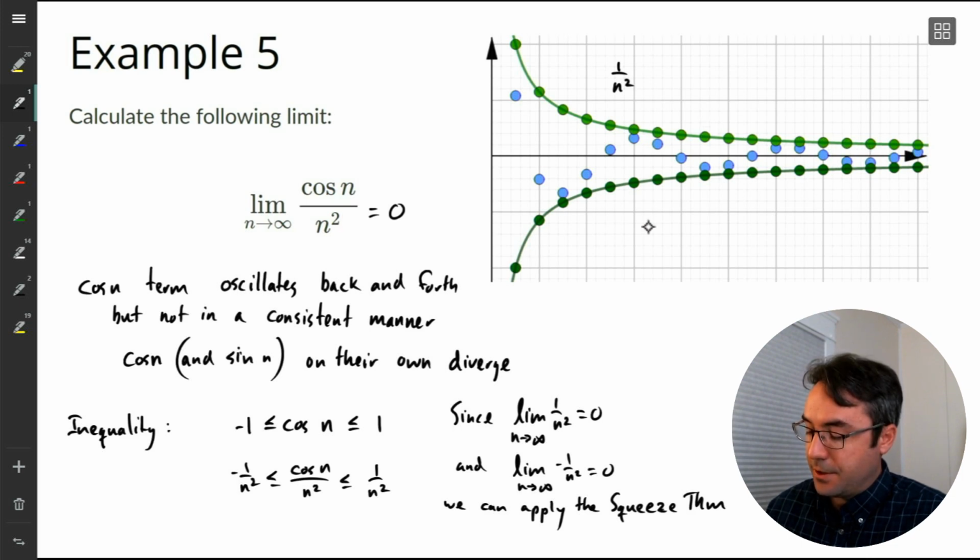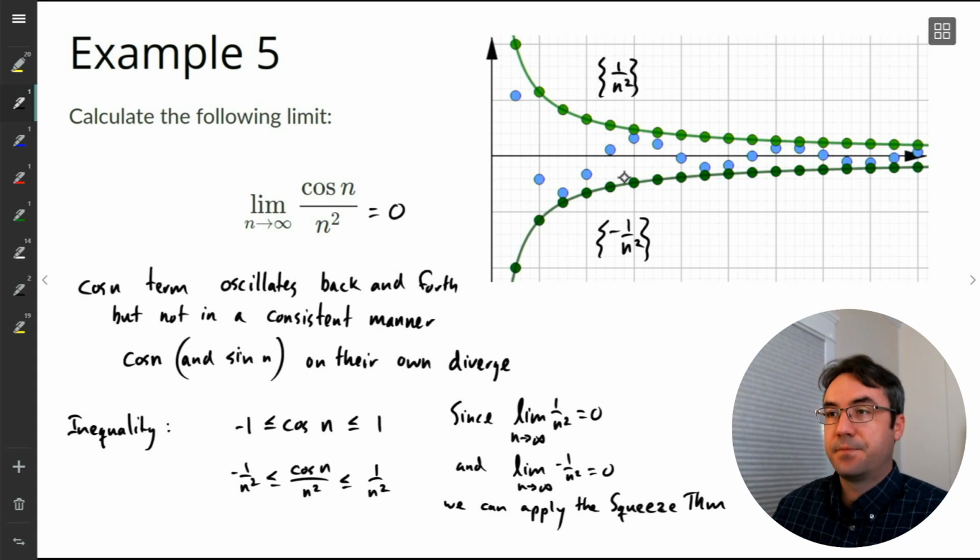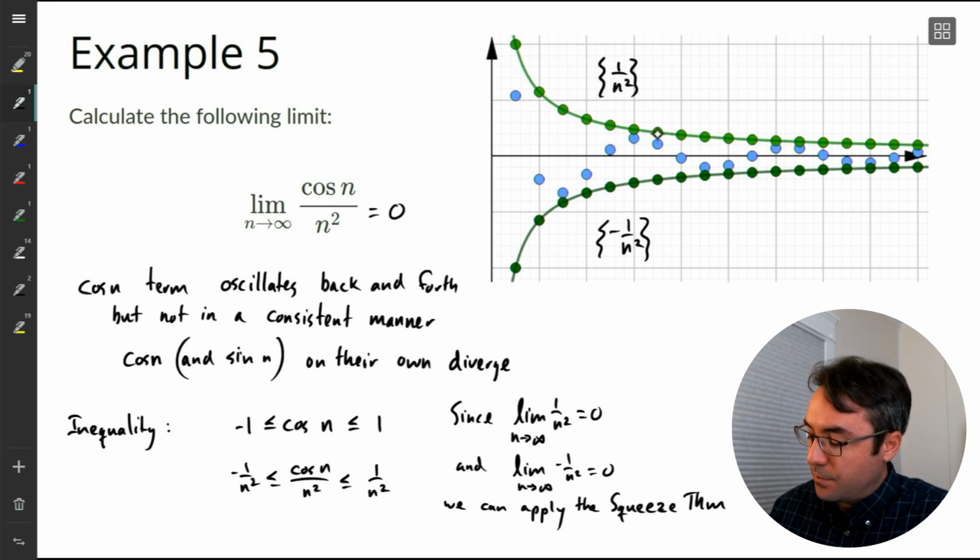The bottom curve here is -1 over n squared. And you can see, when you look at this, we have our terms of 1 over n squared on the top here. We have our terms of -1 over n squared on the bottom here. And then in the middle, this is our cosine n over n squared.